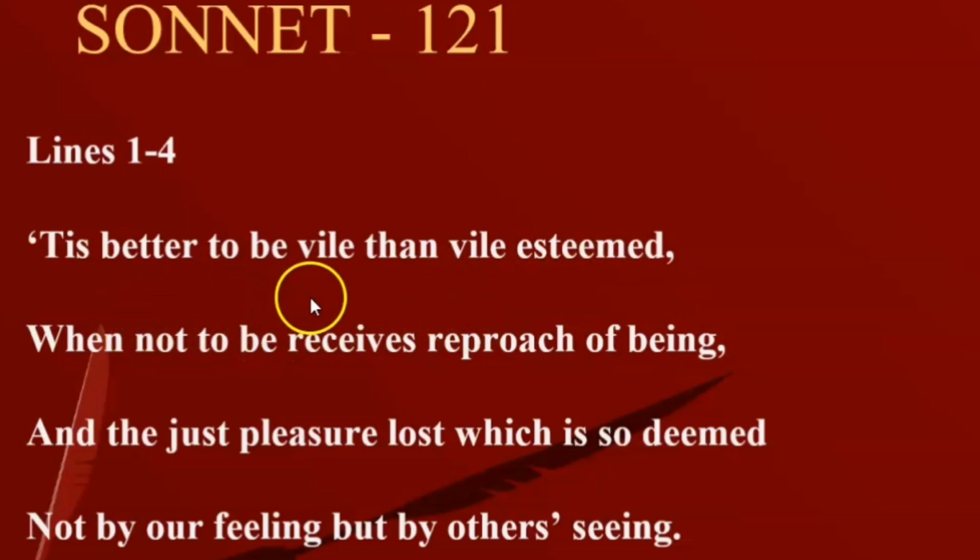Right. It is better to be vile than vile esteemed. The anchor of the poet, or the disgust of the poet, again is the Hippocratic world or the Hippocratic society, is very clear in the first line. It is better to be vile than vile esteemed.